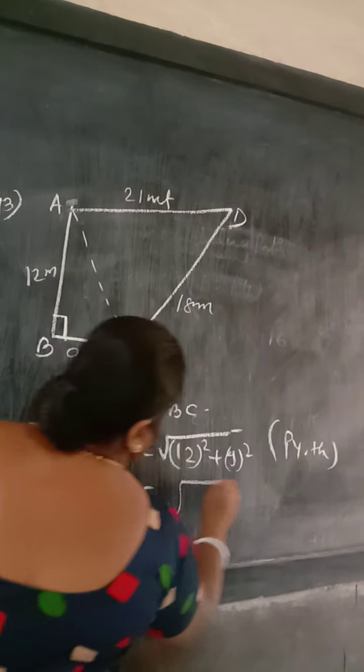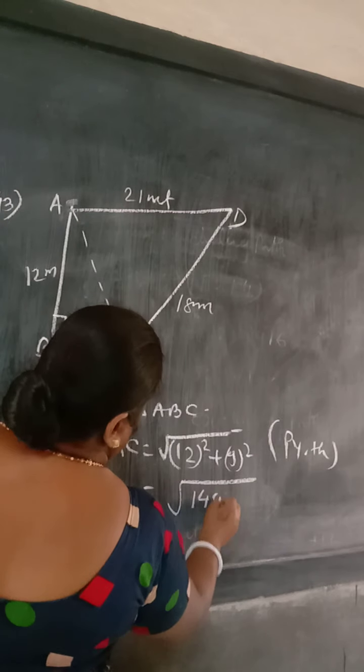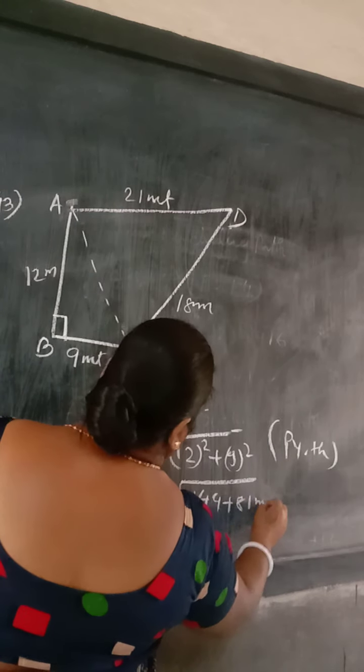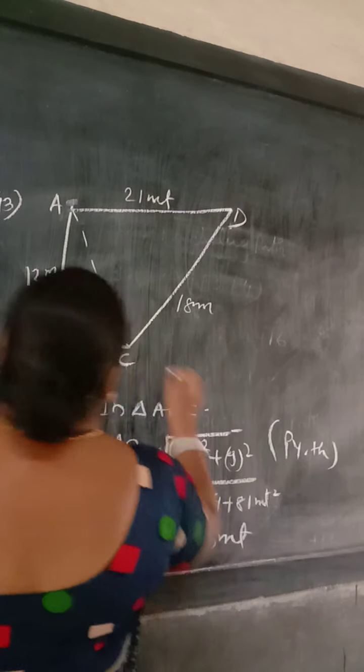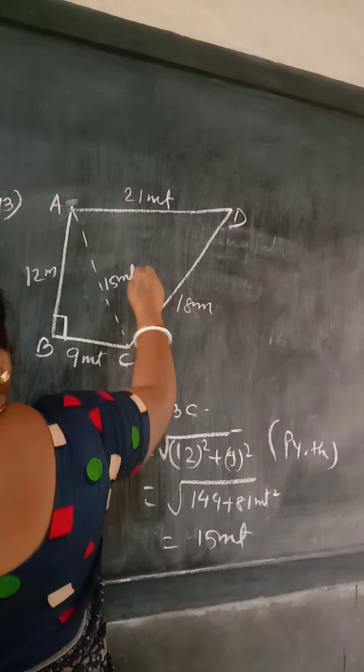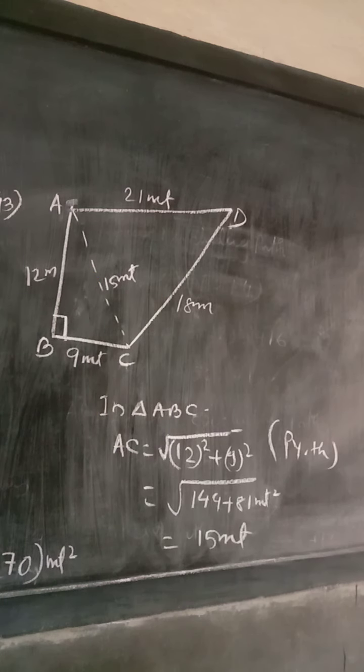It gives you 144 plus 81 meters square, or 15 meters. Once AC is found as 15 meters, we can get the area of both the triangles: triangle ABC using half into base into height, and triangle ADC using Heron's formula. Once the areas are found, you can add them up. You will have the area of the quadrilateral.